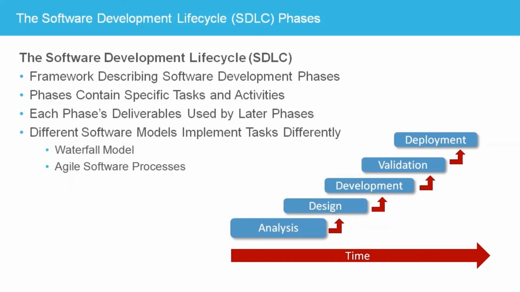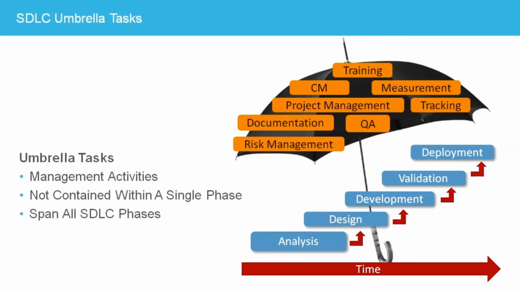In addition to the SDLC development or in-stream activities, a software project also contains management activities, commonly called umbrella tasks. Umbrella tasks are not contained within a single phase of the SDLC. They may span multiple phases, and some are enforced throughout the entire life of the project.